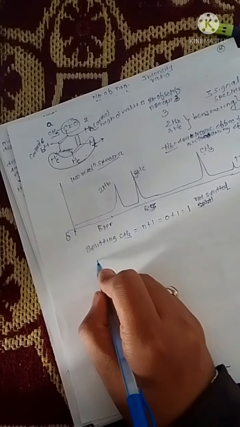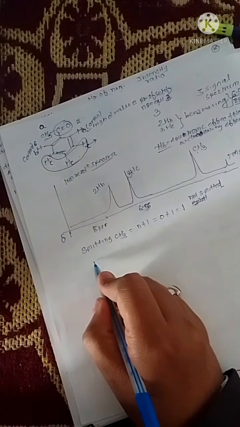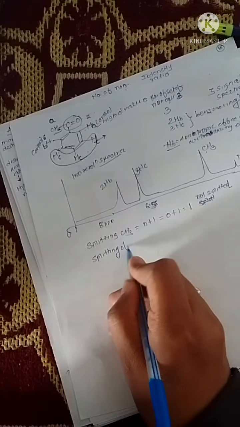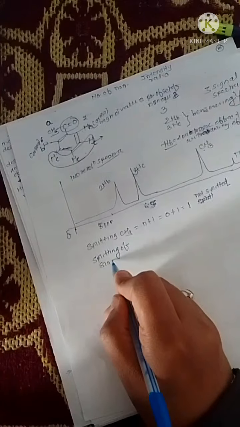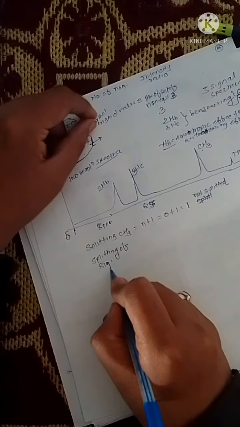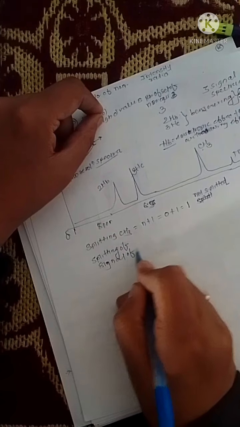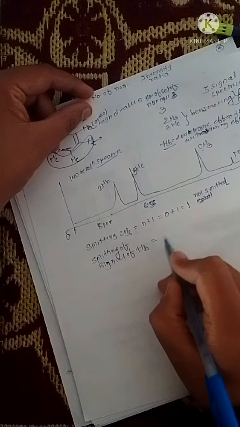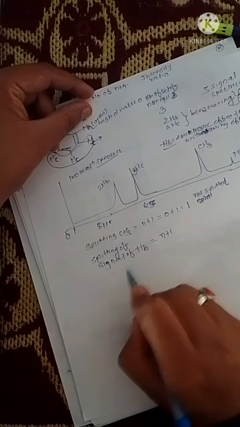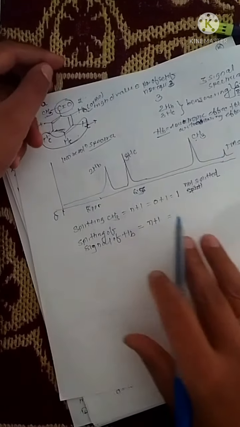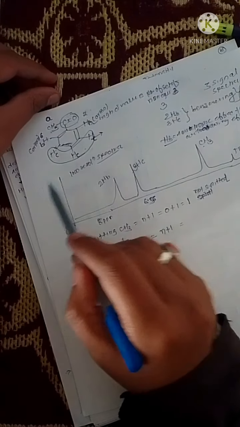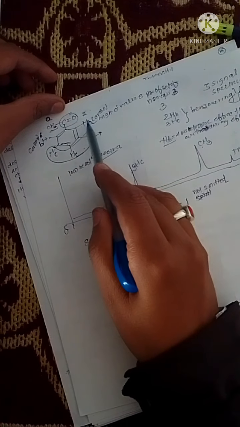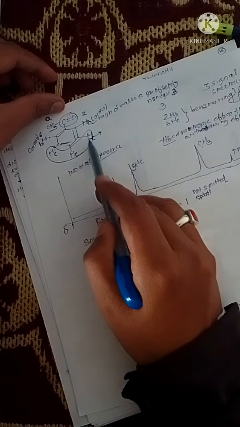Now we calculate the splitting pattern of the Hb proton. So we write here n plus 1. Now remember, when you go for aromatic molecules and especially in acetophenone, adjacent to these 2 protons there are 3 protons.